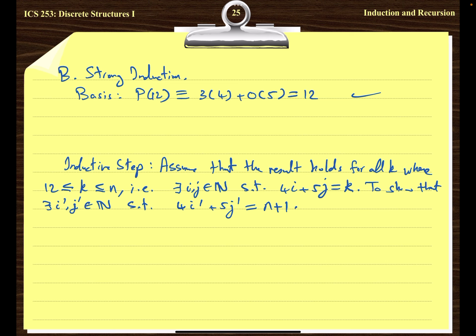Well, can anybody suggest a simple, easy proof using the induction hypothesis that I can form n plus 1 using stamps of 4 and 5? Remember, I'm saying simple and easy.